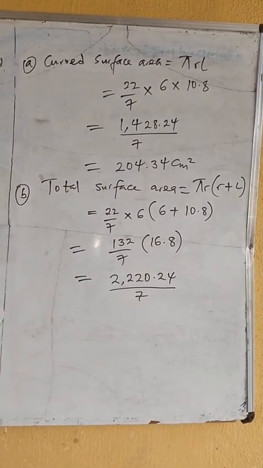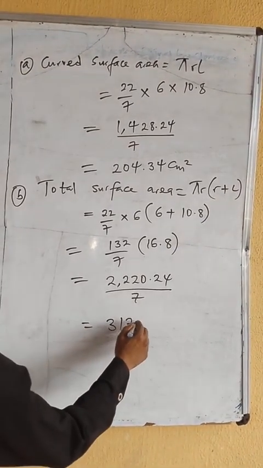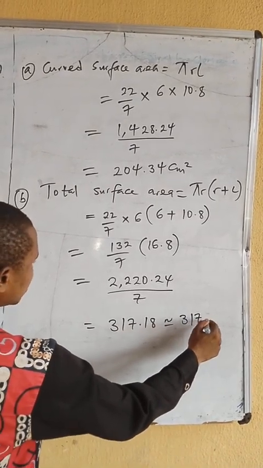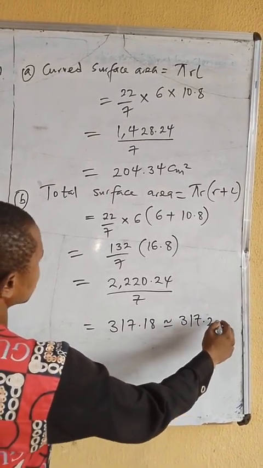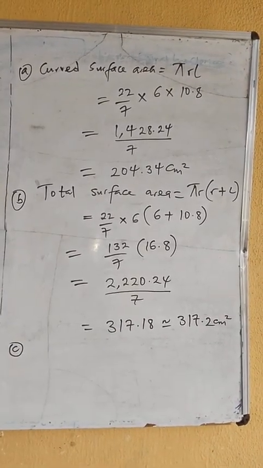And the result will be 317.18. You can round it off if you like to 317.2 centimeter squared.